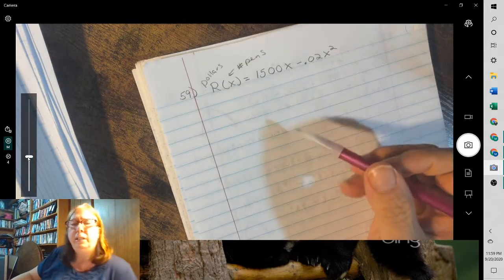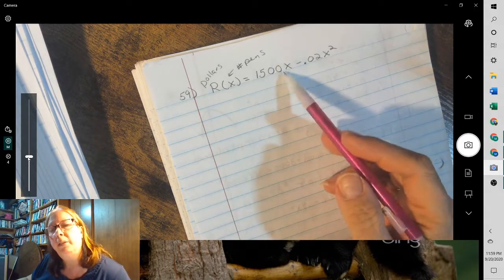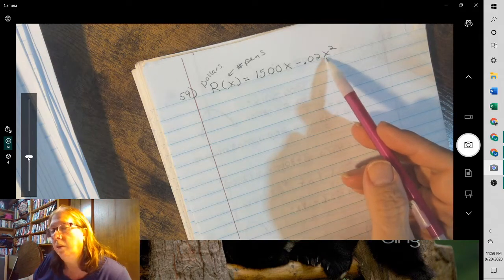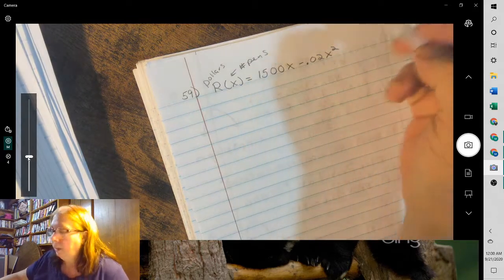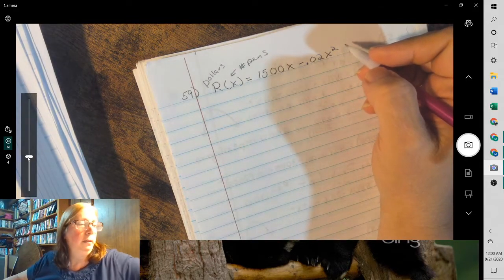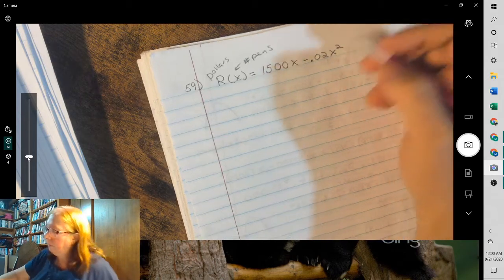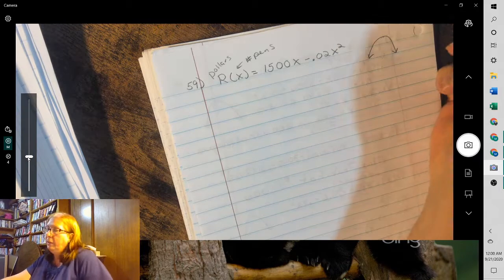When there's no c, c would be 0. So if there's ever a b or a c missing, it's 0. If this term is missing, then it's linear, it's not quadratic. So again, it is a parabola, and it will be going down because it's negative. So we can find a maximum.